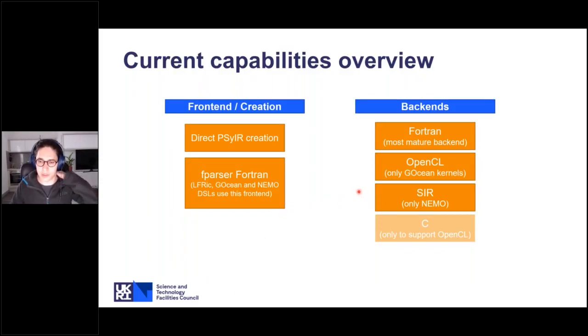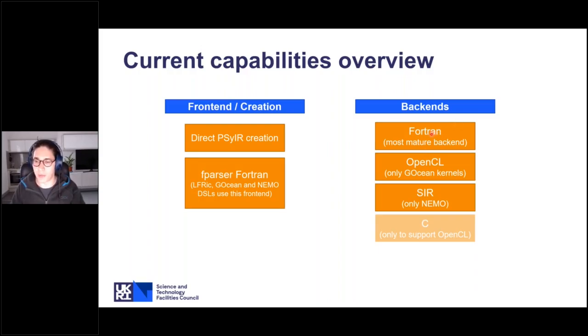There are some limitations of what we can do at the moment. So in the front end, we can do direct PSyIR creation, as I explained, with the API calls, and also parsing Fortran code. But in the backends, we are more limited.